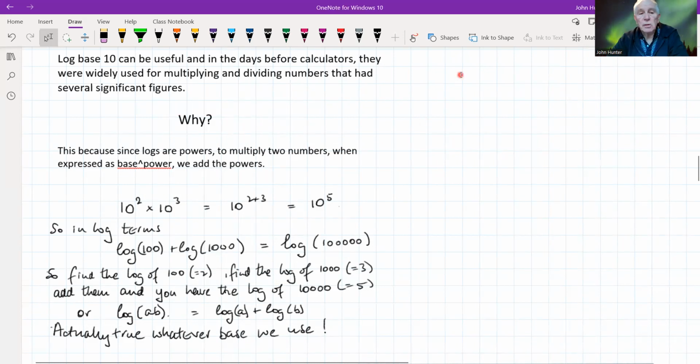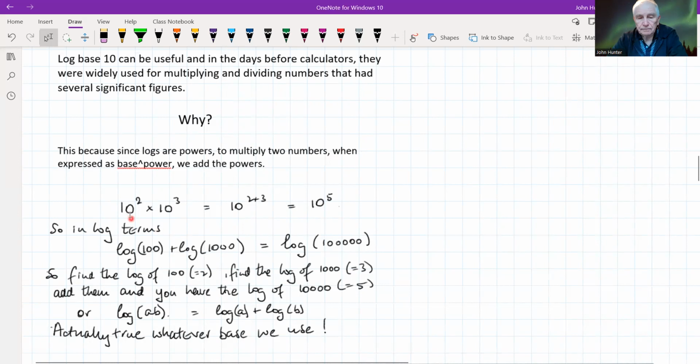But log base 10s were used very widely in the days before calculators. And they were a useful way of multiplying and dividing numbers if you had several significant figures. The reason for that is because logs are powers. If we want to multiply two numbers, when we express them as base times power, that means we add the powers.